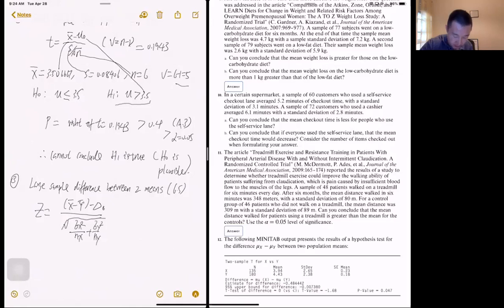So this is theta 0. We can use sample standard deviation to replace sigma.